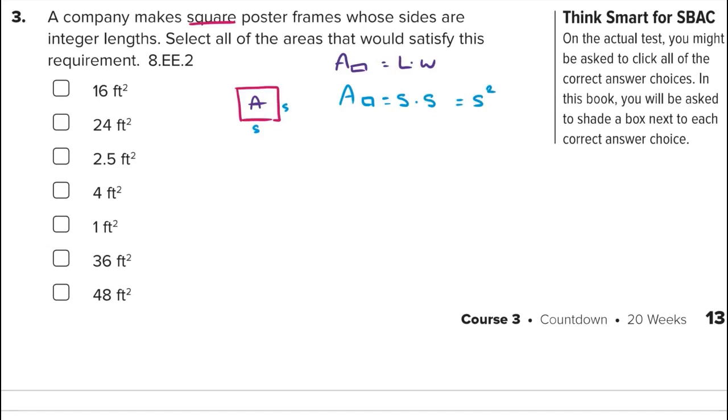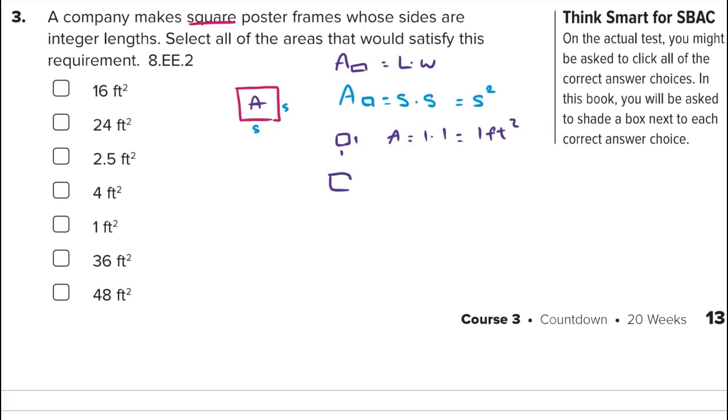So we know that a square has the same size on all four sides, so the area will be side times side. Let's say my first frame has a side of 1 and 1, so the area will be 1 times 1, which is 1 feet squared.